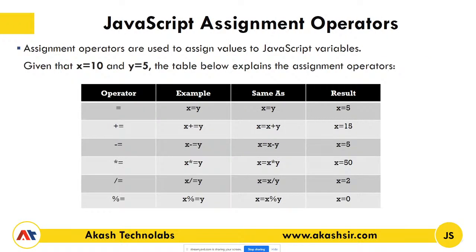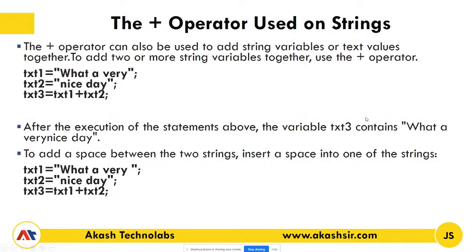So the assignment operator is used for assigning values, right? By default, if you consider x having a value of 10, and if you want to assign the same value to y, or maybe add some more values, then you can see this is equals to, plus equals to, minus equals to, multiplication, division and modulo. So you can check the example, right? Okay.